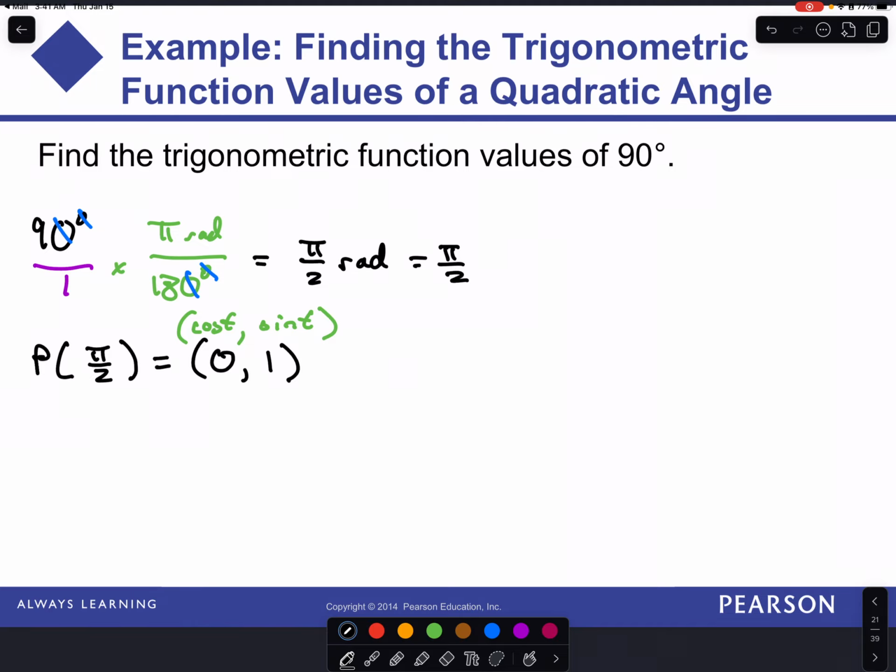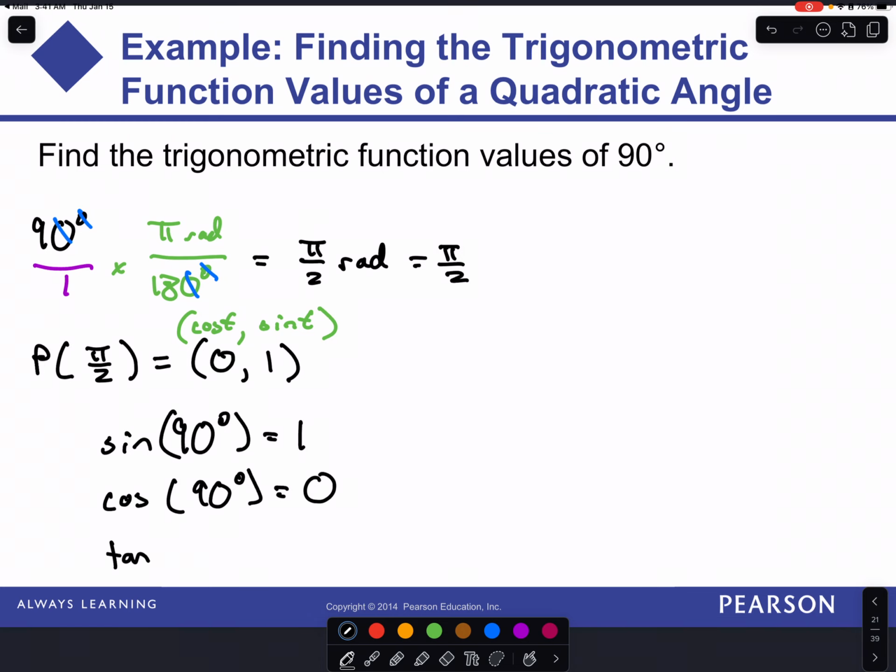Find the trig function values. So then the sine of 90 degrees should be a 1. The cosine of 90 degrees should be 0.